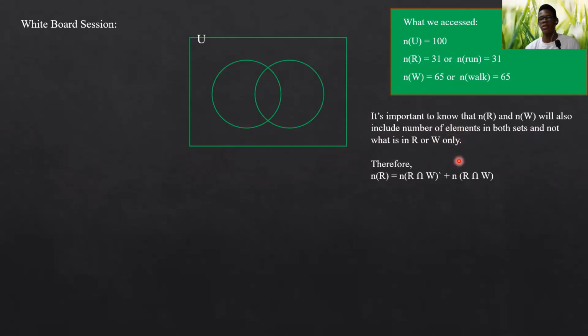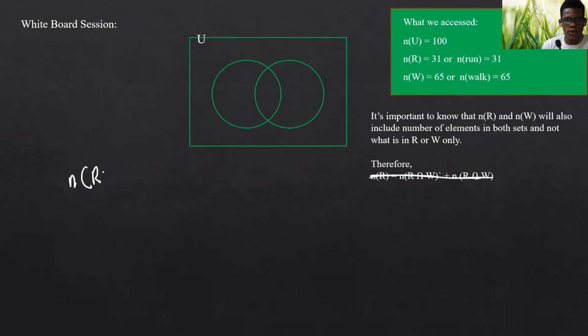This is here because a lot of students confuse this. When you're talking about the number of elements in R and in W, you have to realize that you're including the intersect. And we want to know what the intersect is. You need to know this.